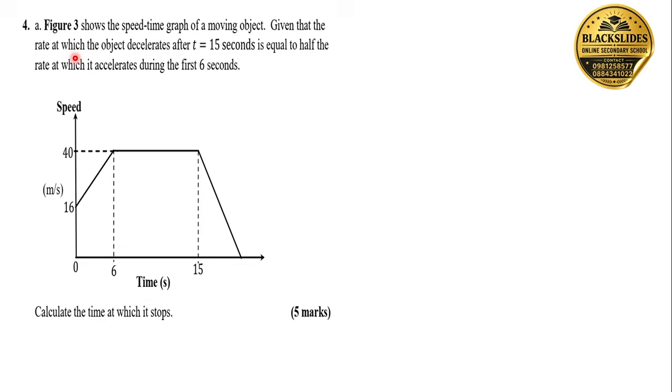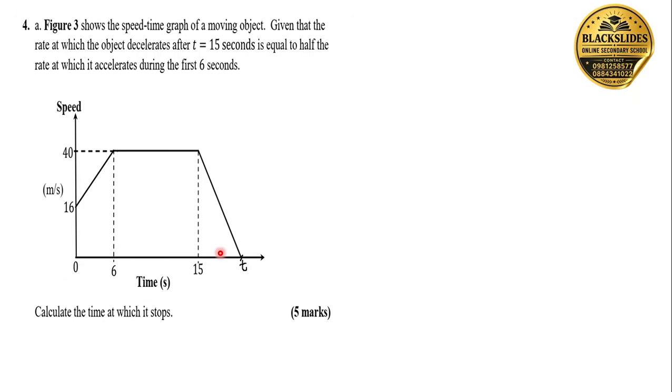So given that the rate at which the object decelerates after 15 seconds here is equal to half the rate at which it accelerates during the first 6 seconds, we need to find the expression for the deceleration. Let's call this time t.